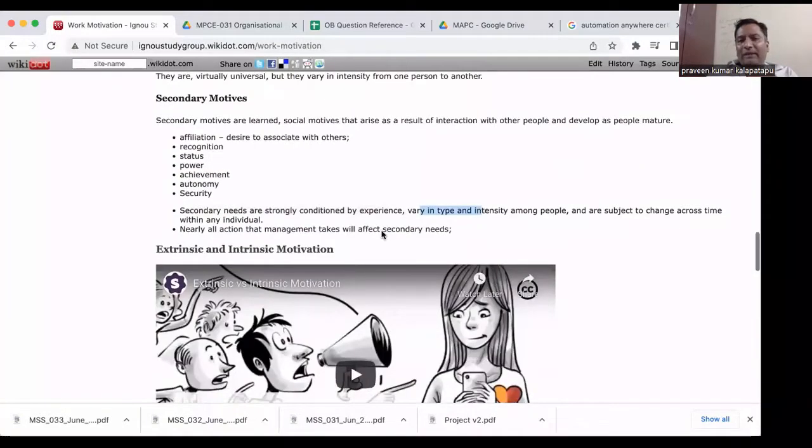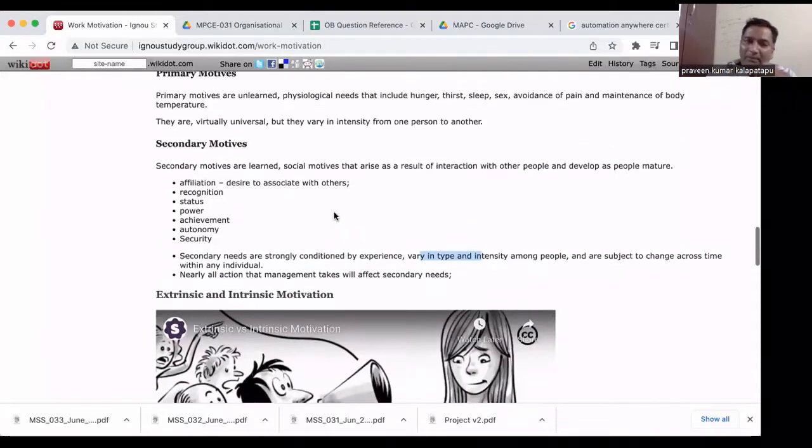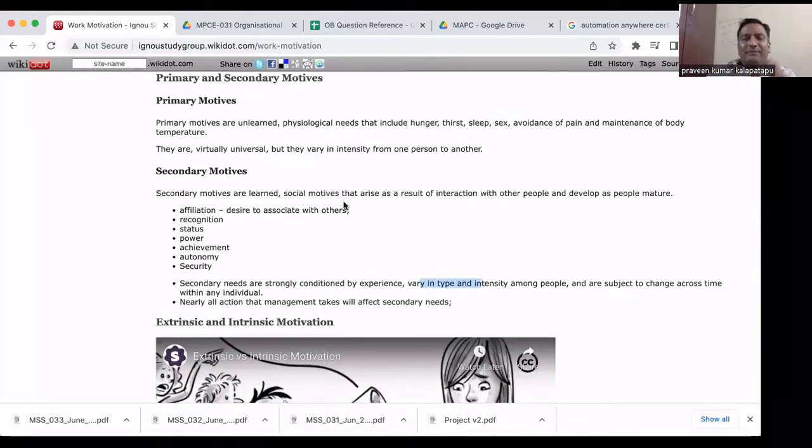But the important point here is, even though we classified primary and secondary, every action that the organization takes is going to affect both. So it is going to affect secondary as well. So don't take secondary motives as something which is secondary.